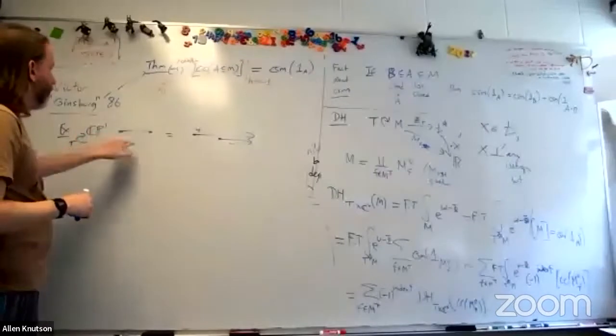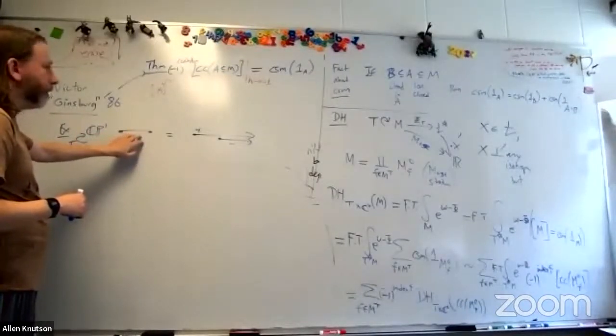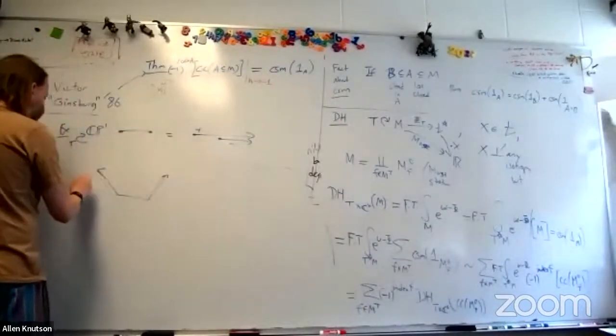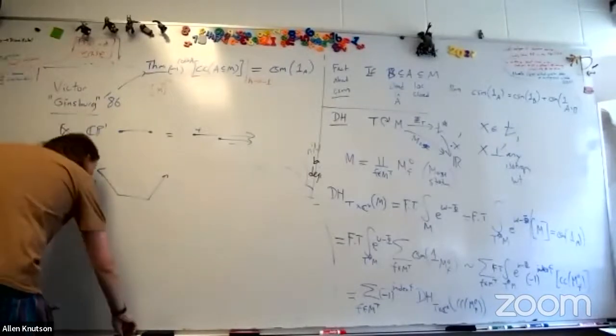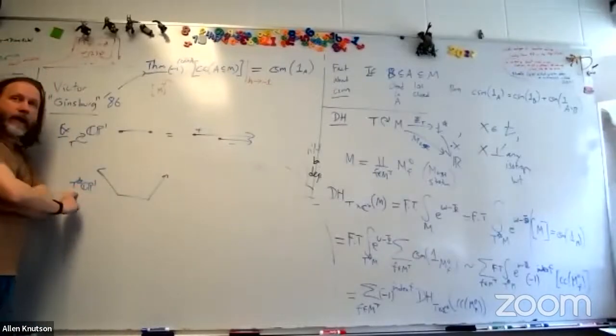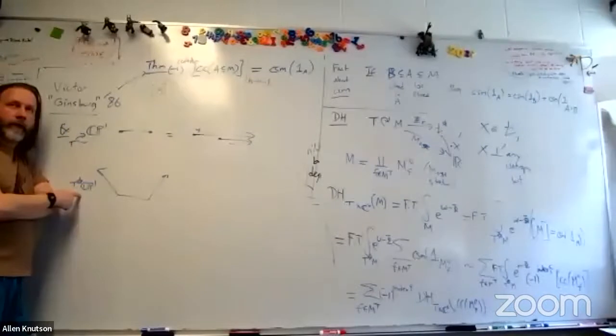All right, so I'm saying instead of computing this inside CP1, let's think about the cotangent bundle. So what I have here is the cotangent bundle of CP1. And in this tiny example, this guy is also a toric variety.